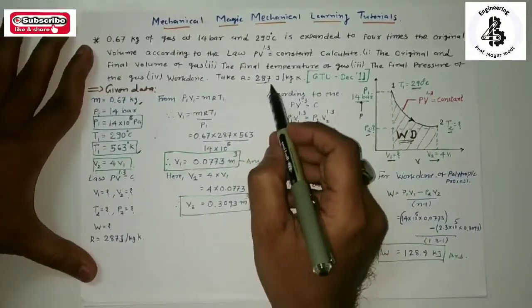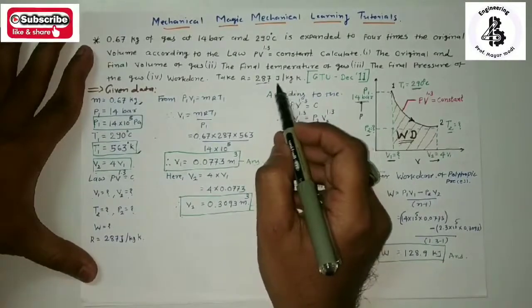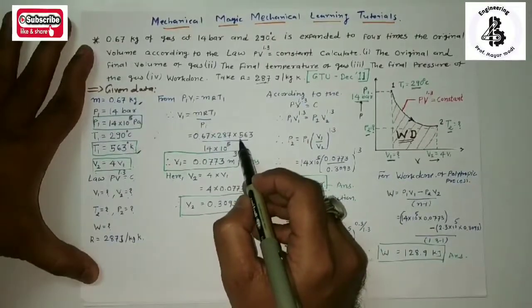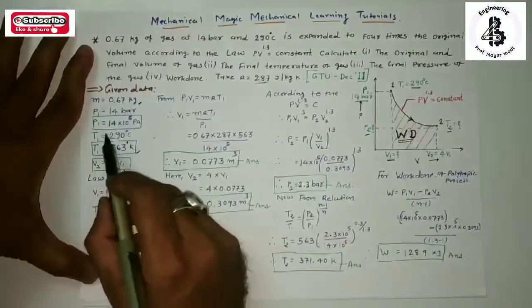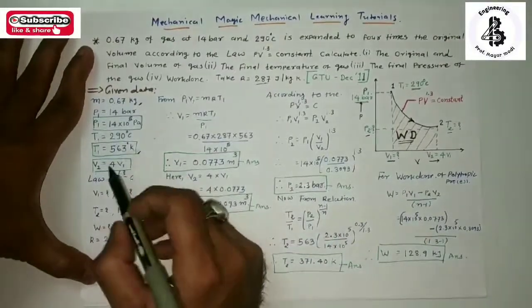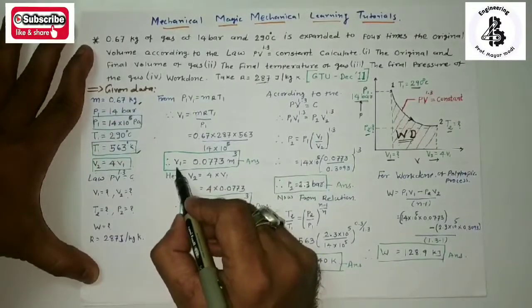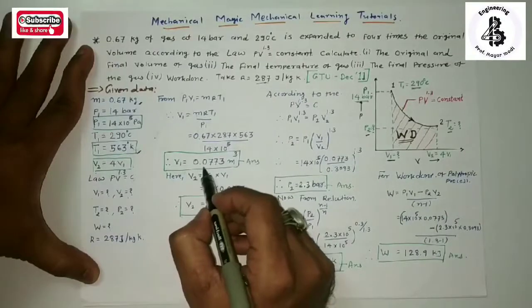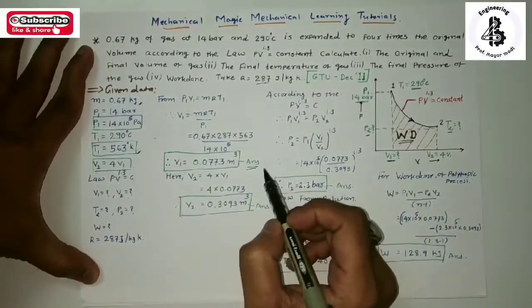Generally you have to take the value in joule per kg Kelvin. And T1 = 563 Kelvin divided by P1 = 14 × 10^5 pascals. If you calculate, you will get the initial volume, 0.0773 meter cube. That will be the original volume.